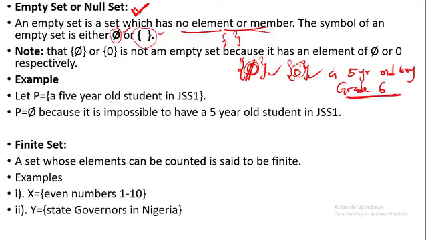How possible is that? It's not attainable. So if a 5-year-old boy cannot be in grade 6, therefore we say that the set is equal to 0, or we say that the set is empty. Okay, do we understand?